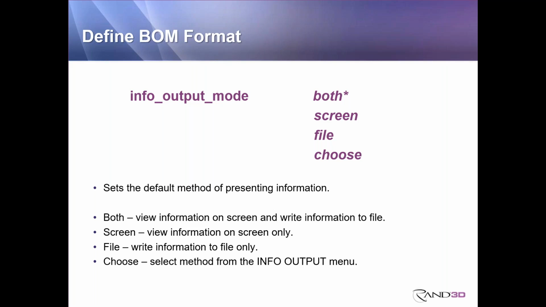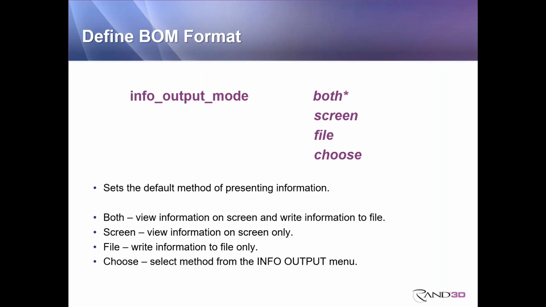No extra file is created, which is important if you don't need to manage a lot of text files or don't want to manage a lot of text files. Now, if you prefer just text files, there is the file option that, if set for this configuration option, will work with just the output file, the text file, and not give you the results from your BOM report run on the screen.